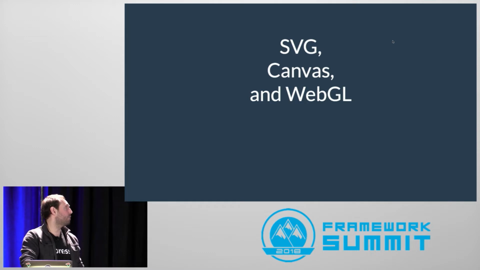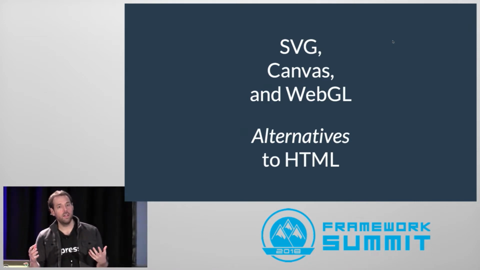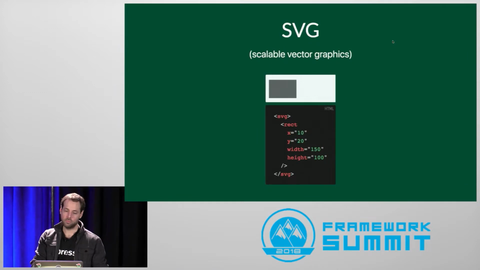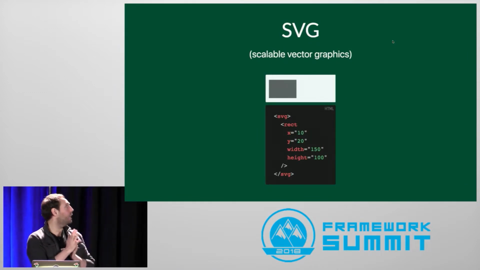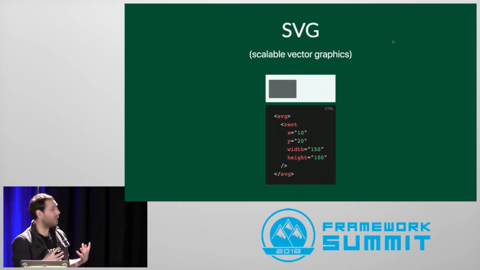The three technologies I'm talking about today, SVG, Canvas, and WebGL, are actually alternatives to HTML that you can use within your HTML files. SVG, standing for Scalable Vector Graphics, looks a little bit like HTML. It's still XML based.